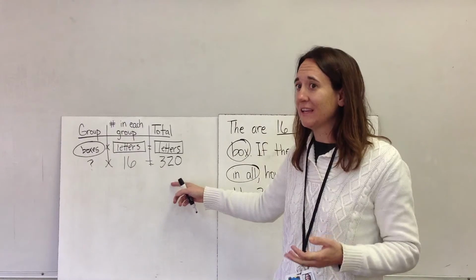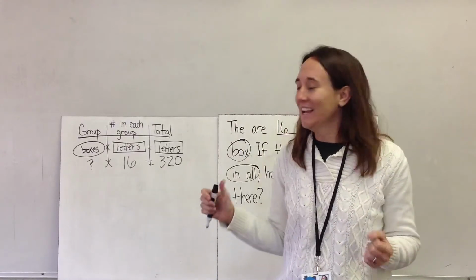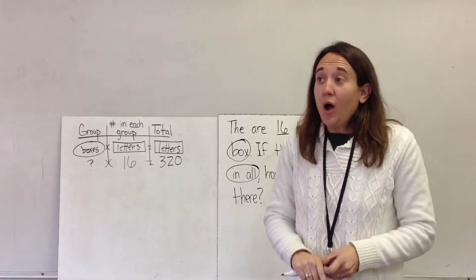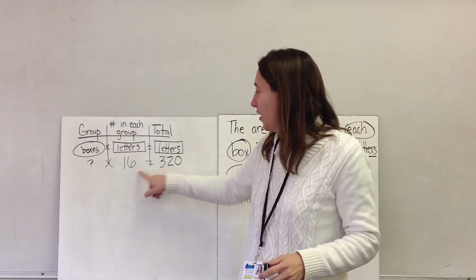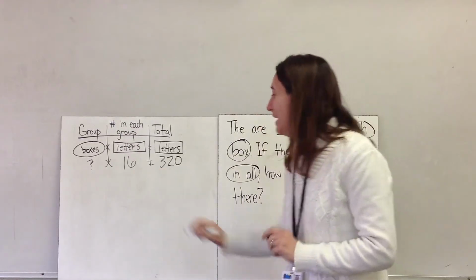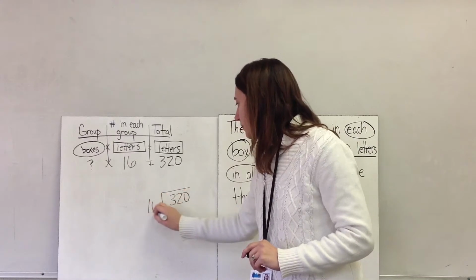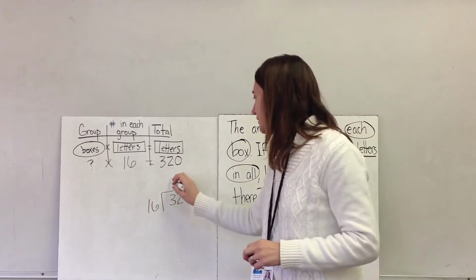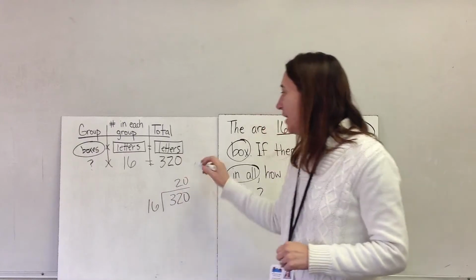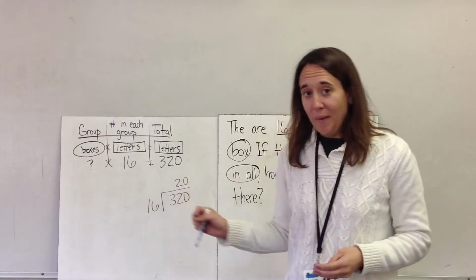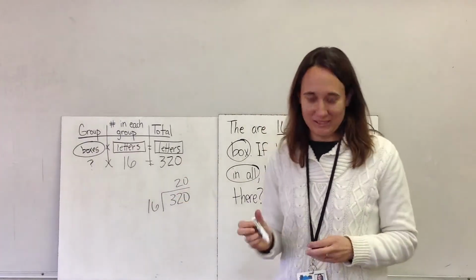And the important thing is the kids are all going to say, or they're used to saying, well, you always are going to divide the bigger number by the smaller number. And in this case, you actually do. And they would figure out that this goes into it 20 times. But as we're going to see in fractions, that's not always the case.